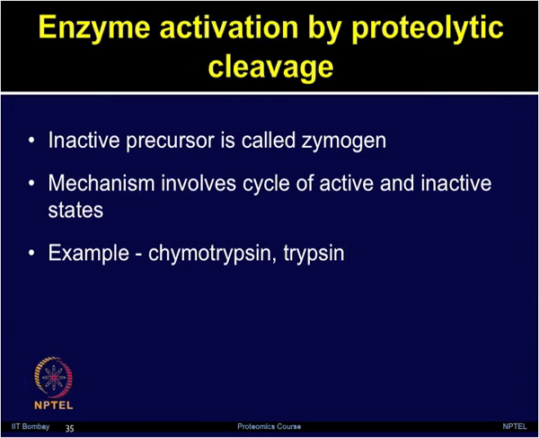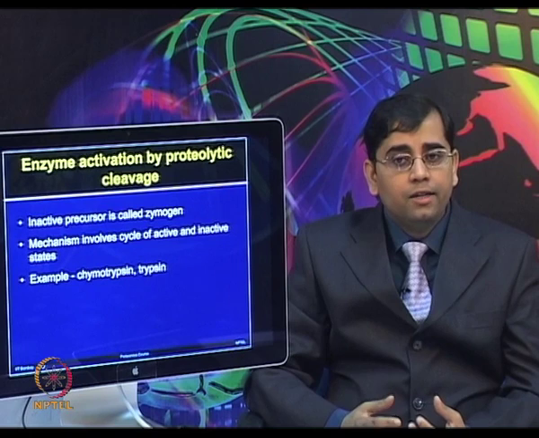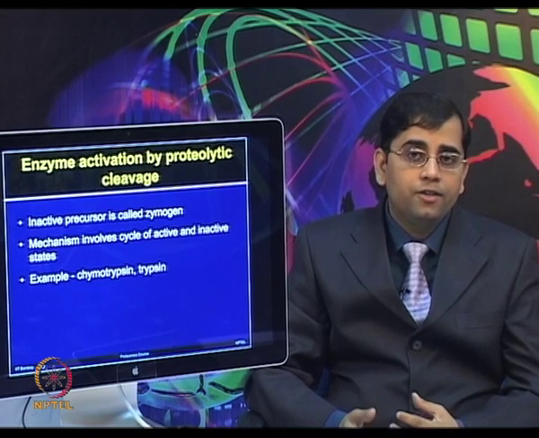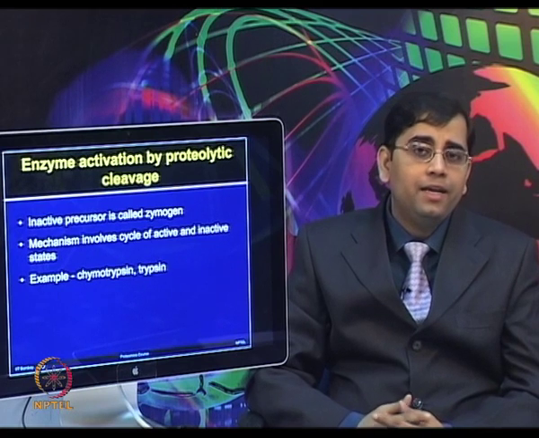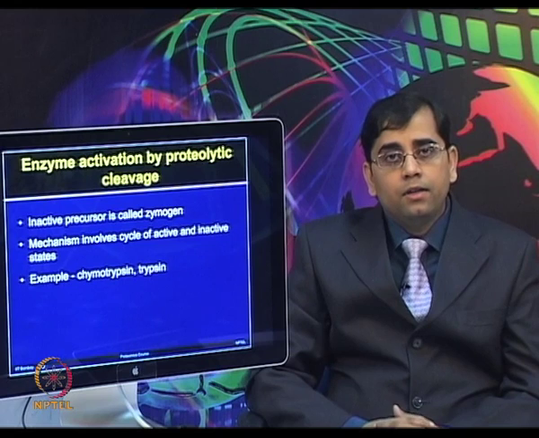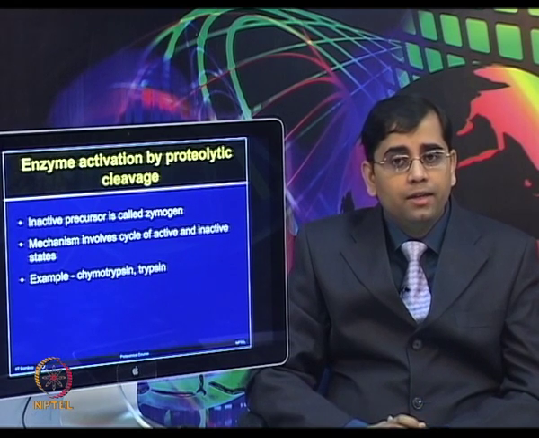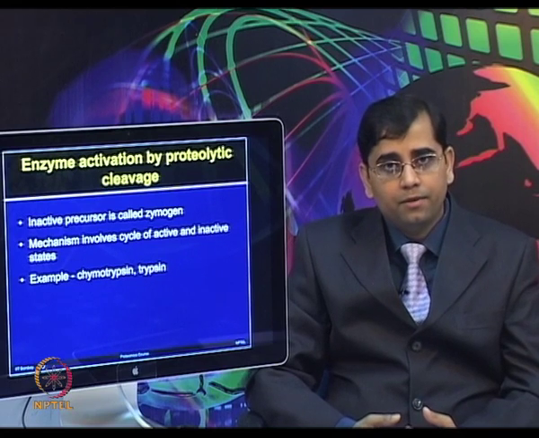One of the classical examples is the enzyme chymotrypsin, which is present in the digestive tract. Trypsin converts chymotrypsinogen, which is a zymogen, into the active chymotrypsin by hydrolyzing a peptide bond. The blood clotting due to the cascade of zymogen activation is another example.